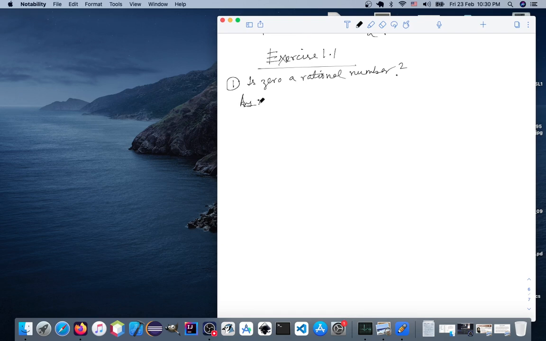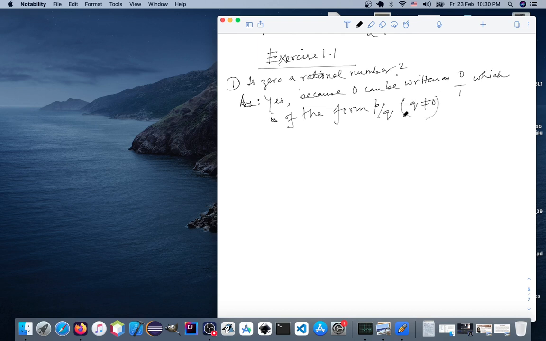The answer is obviously yes, because 0 can be written as 0 by 1, which is of the form p by q, where q is not equal to 0.